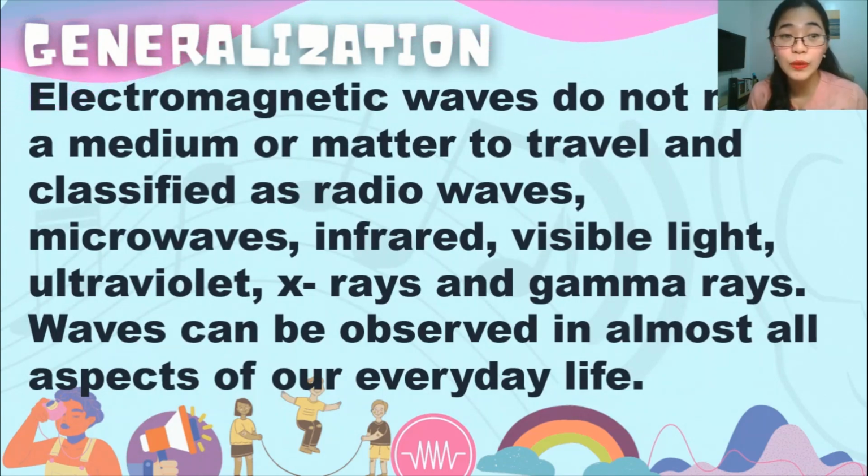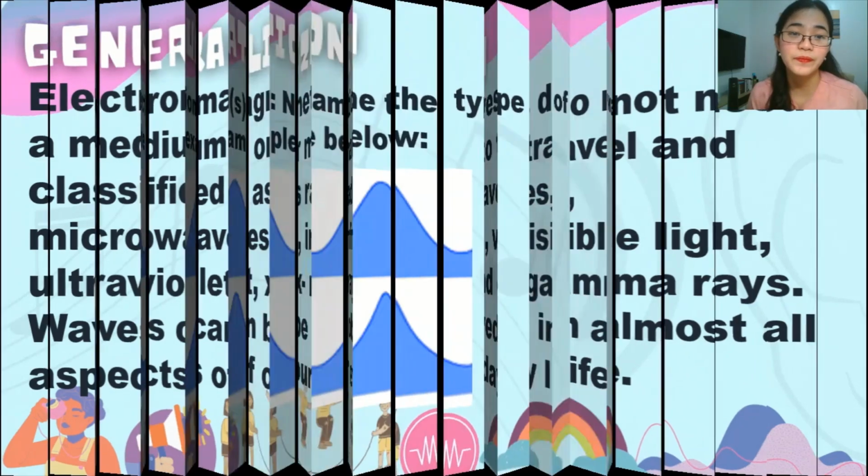Electromagnetic waves do not need a medium or matter to travel and are classified as radio waves, microwaves, infrared, visible light, ultraviolet, X-rays, and gamma rays. Waves can be observed in almost all aspects of our everyday life.